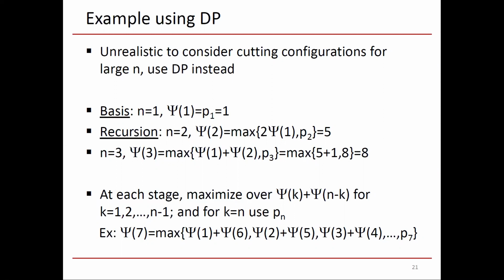What about n equals 3? So what are the possible actions here? I could have no cuts at all, so that's P3, or I could cut it into 2 parts of length 1 and 2. Now, you can tell me that I can also cut it into 3 parts.